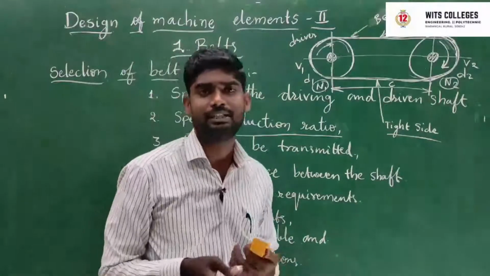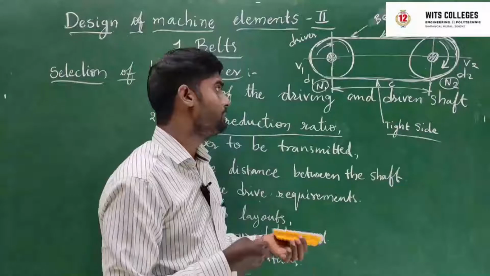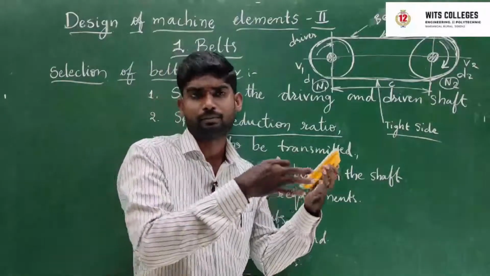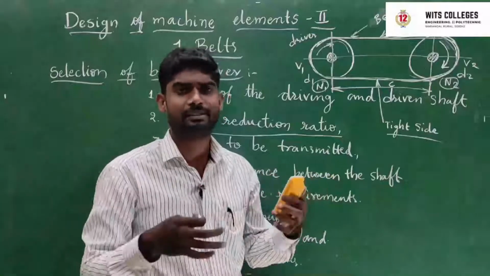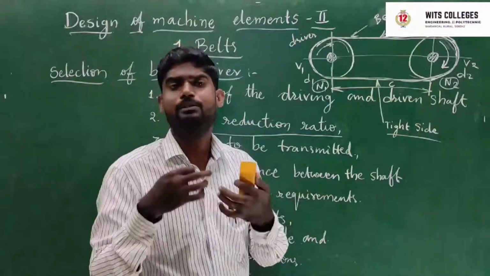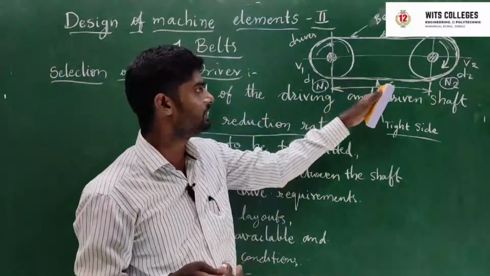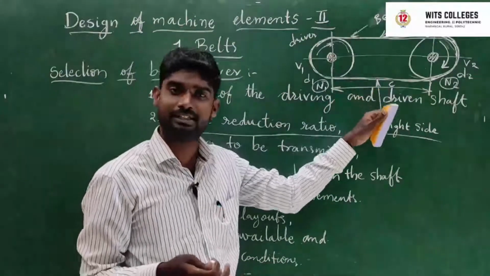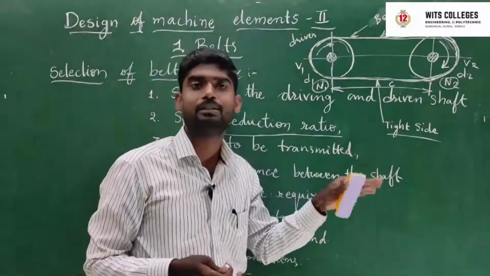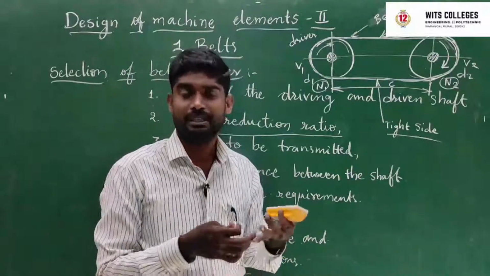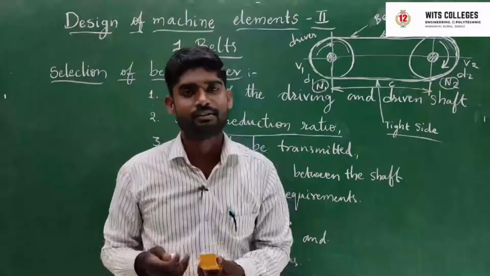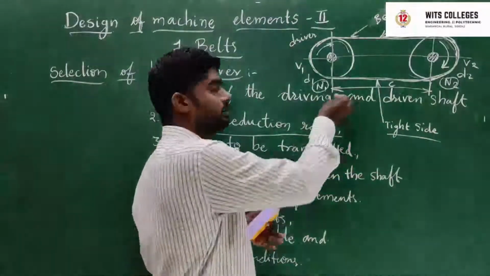Belts, chains and gears are all power transmitting elements. Compared to chains, belts need less maintenance. That's why we use belts. The weight of the belt is also less compared to chains and gears. That's why we use belts.